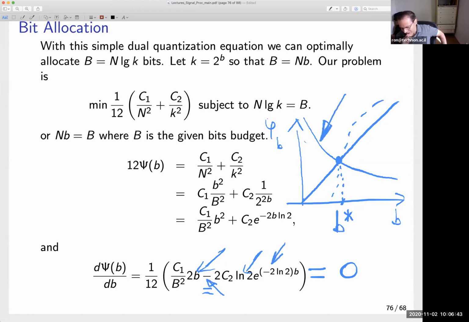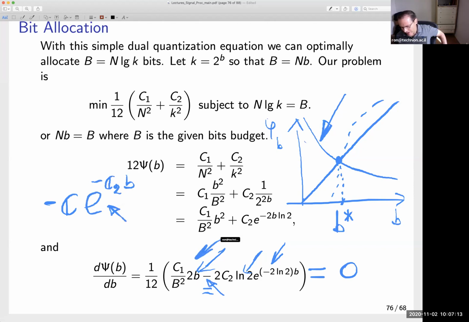But check it out. I mean, at the end of the day, what I know is that I can plot. So I have some constant times exponent of another constant times b. Okay, with a minus sign. And obviously it should be lifted because I'm adding some constant. And this function should intersect that function, okay?